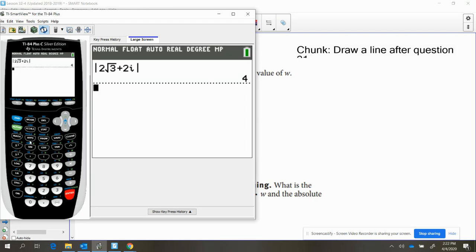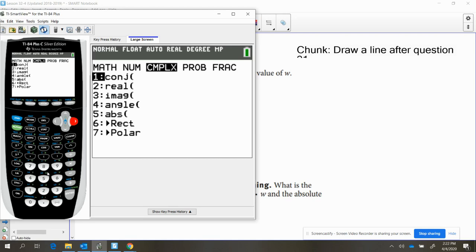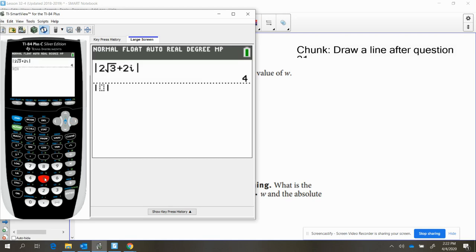And then for w, if we look at the absolute value of w, we have 1 plus the square root of 3 i.